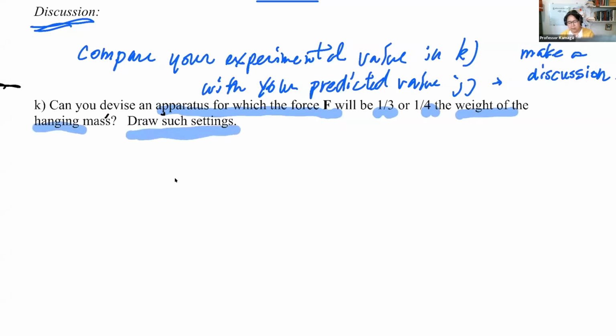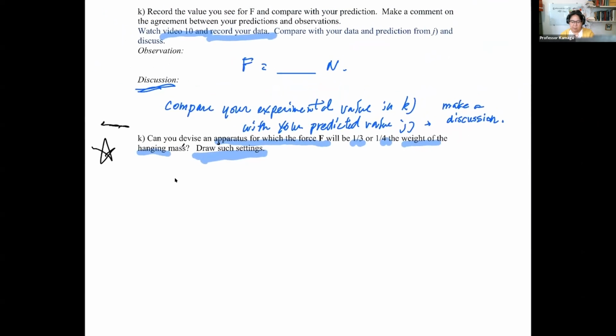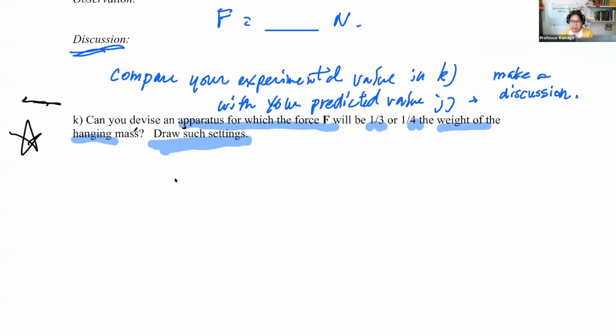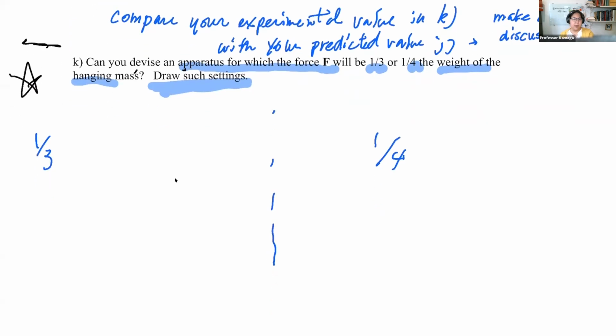Draw such settings. So try to figure out if you can do that, 1/3 or 1/4. We'll see if you can make such a device. If you get the correct one, you might get the extra credit.